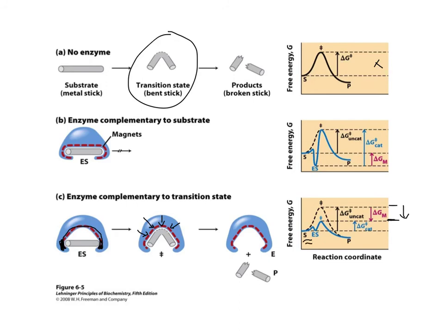Actually, we're probably better off to lower it a little bit, but very, very little. So by making this as high an energy as we possibly can, the bound complex, and stabilizing the transition state as much as possible, we minimize the activation energy.